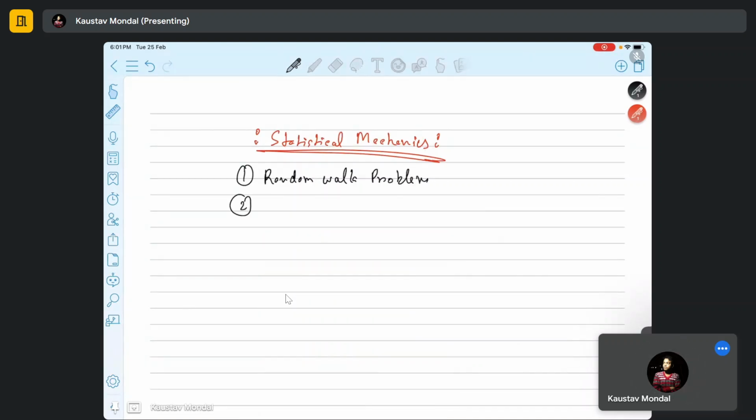Second is on probability. This concept of probability is itself there in the random walk problem.